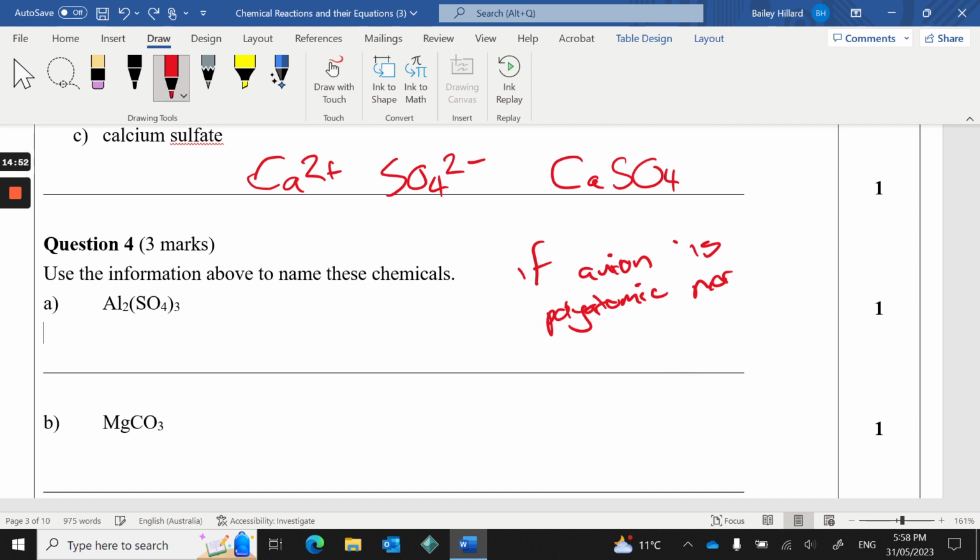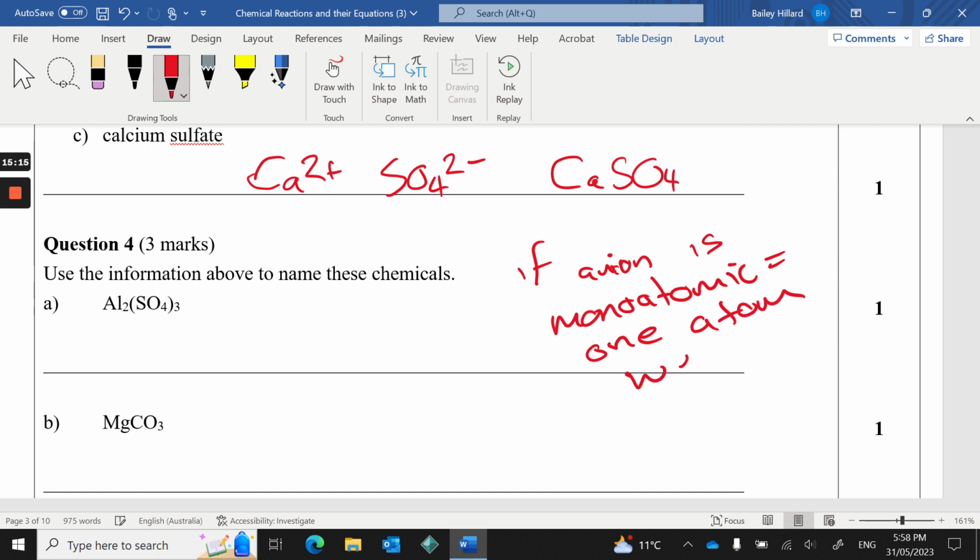However, if we see that the anion is monoatomic, okay, that's very messy, sorry, is mono, or one atom, we do add the "-ide" ending. So we do add "-ide." Okay, so that's the main naming convention.